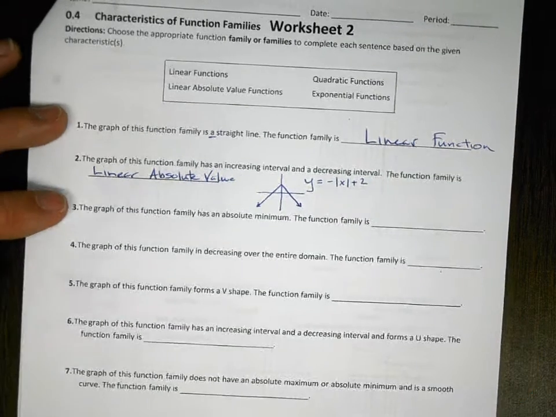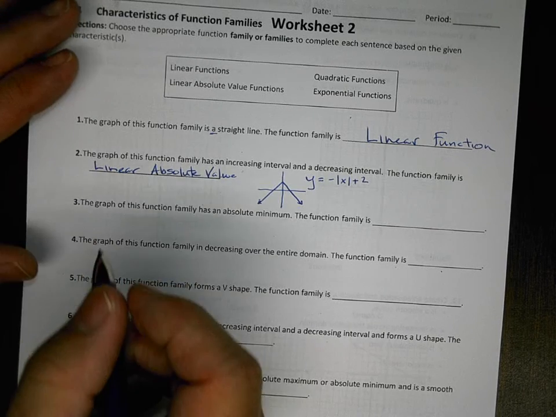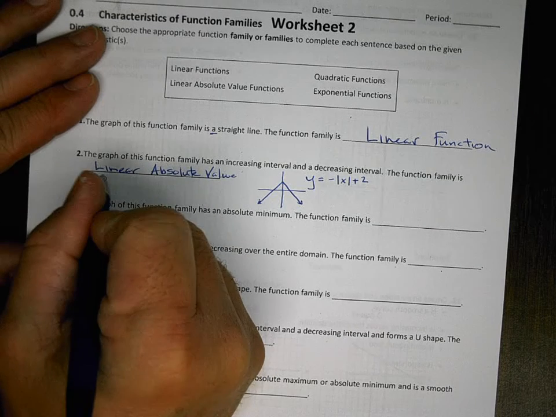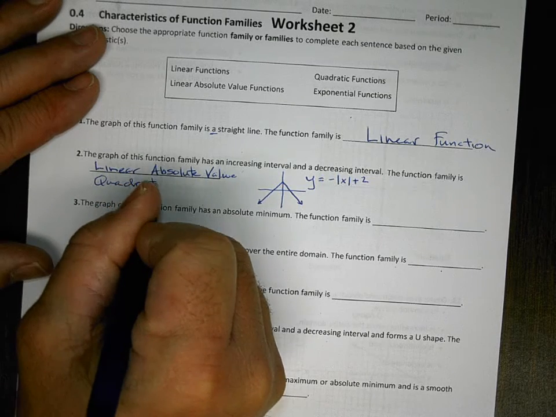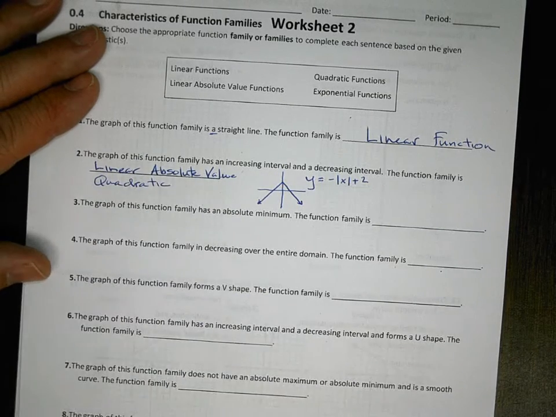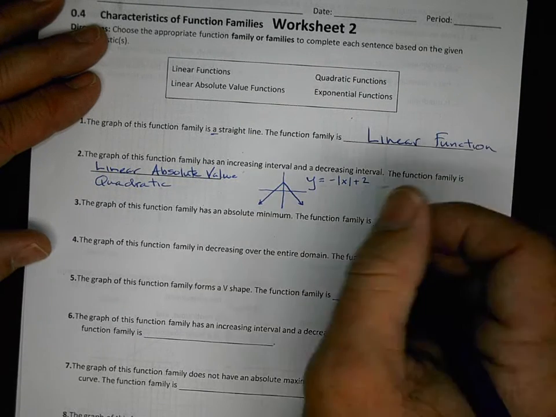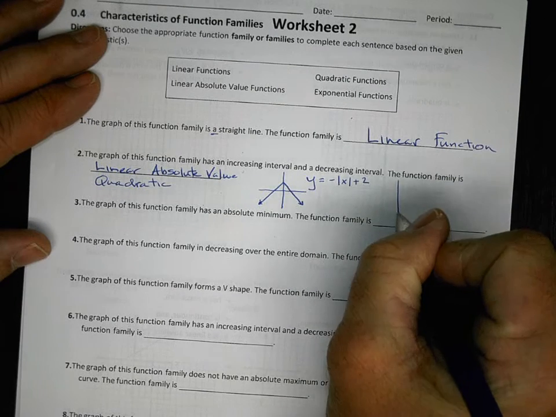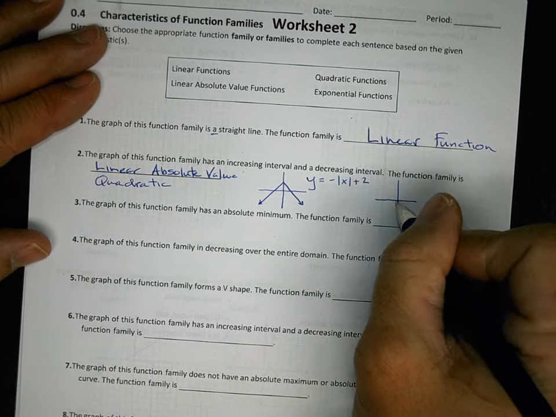All right, so is that the only function family that has an increasing interval and then a decreasing interval? What's the other one? No. Quadratic. Okay, because remember, quadratic is that fat V, right? And it could look like this. I'm not great at drawing parabolas, but I'll just draw it like this.